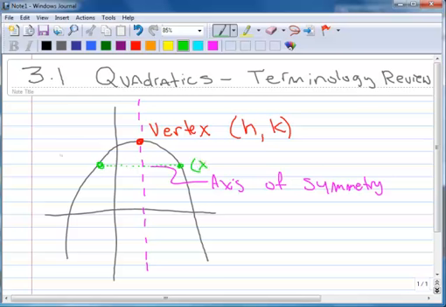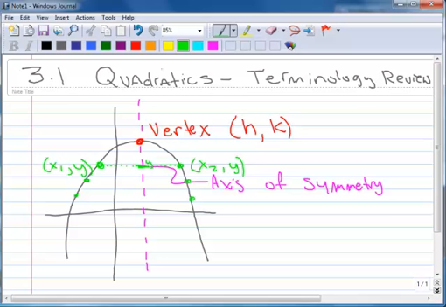We'll call them x sub 1, x sub 2, but the y coordinates are the same, because it's the same y value. That holds true for every point on the parabola, with the exception of the vertex, of course, because it only has one point.